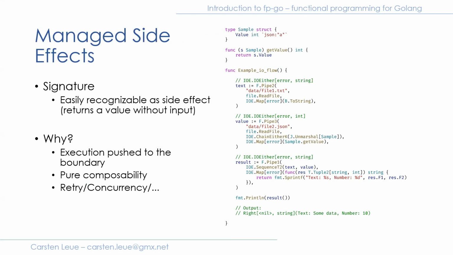Again, we have the same composition functions, map, chain, to handle composition of operations. And in this very example, we are reading a text file, a JSON file, and then we are combining these files to a result type.